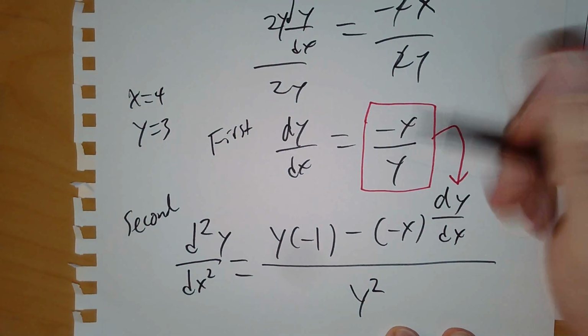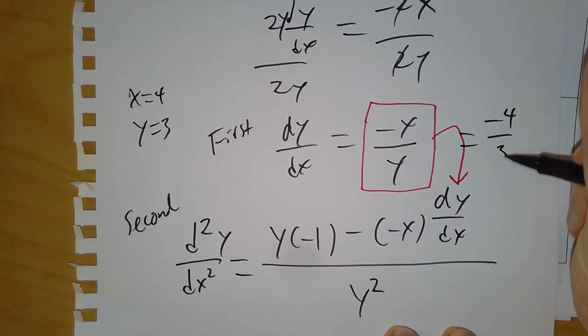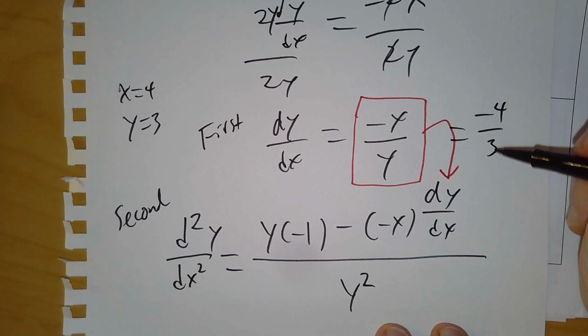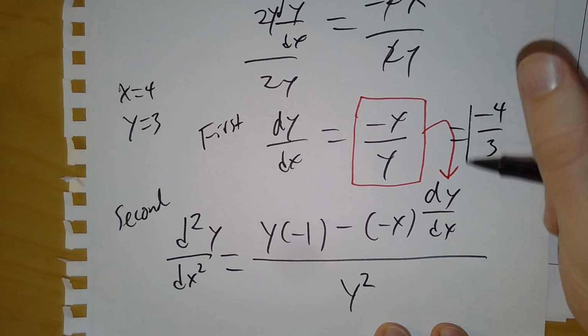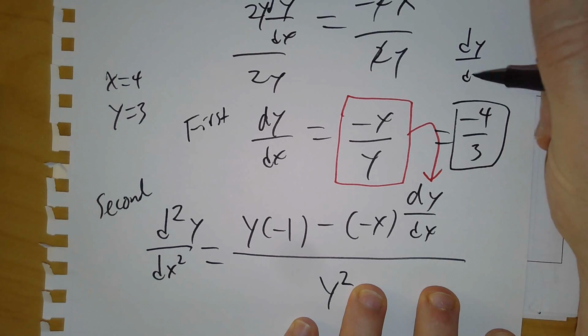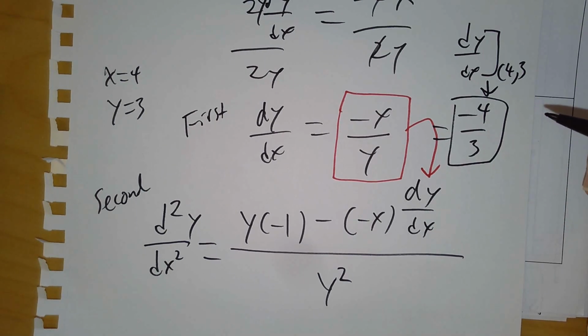So that means that this is negative 4 thirds, right? So dy/dx is negative 4 thirds. You see that? This is dy/dx at (4, 3) is negative 4 thirds.